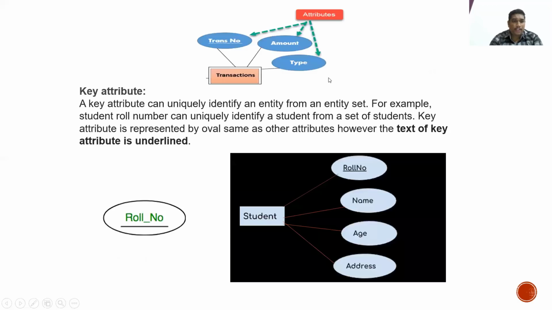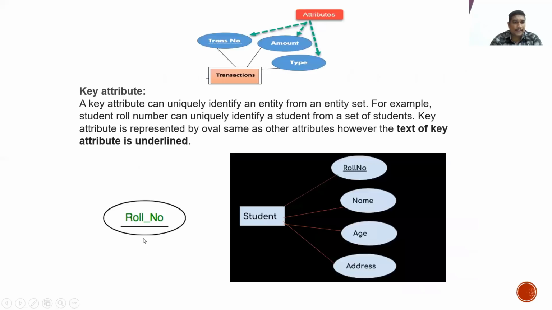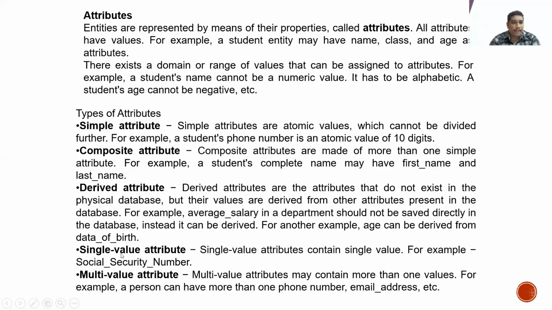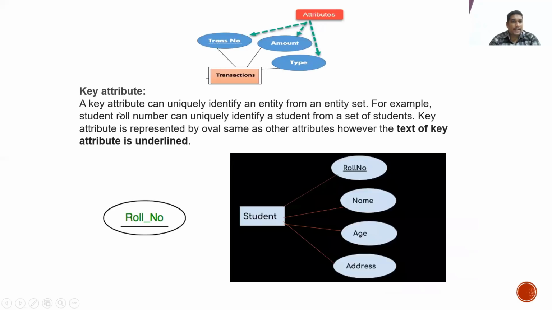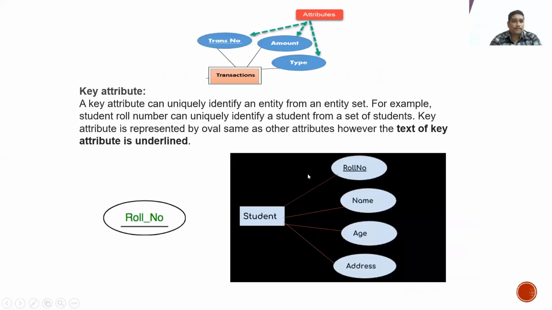The remaining single value attribute is nothing but the key attribute. You are understanding? Multi-value attributes already discussed. Simple attribute should be atomic, which cannot be divided further. A student phone number is an atomic value. Here, name is a multi-valued attribute because it has the possibility of middle name, first name, last name.